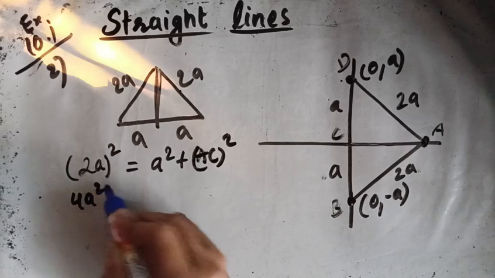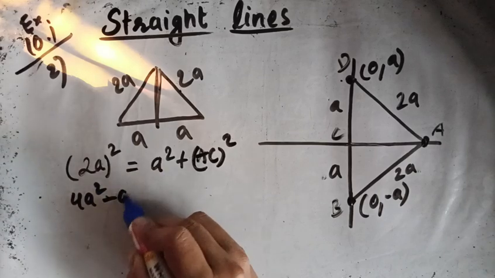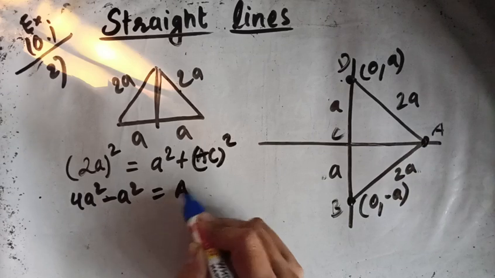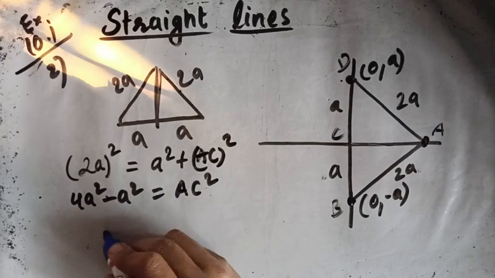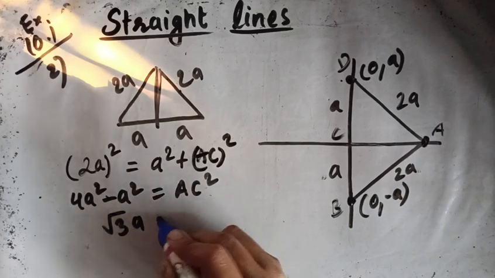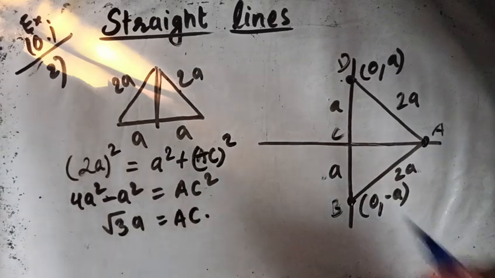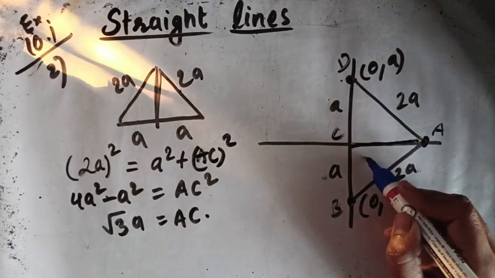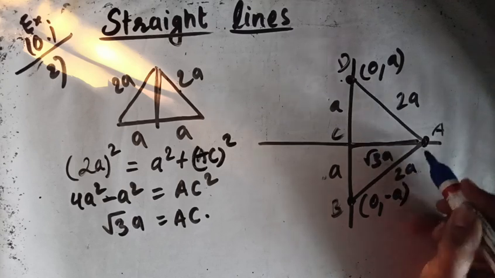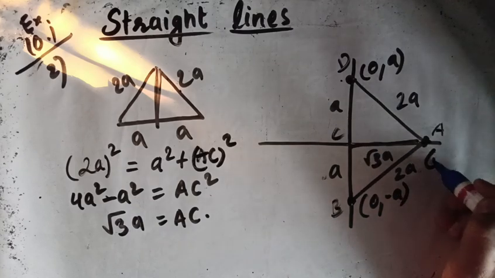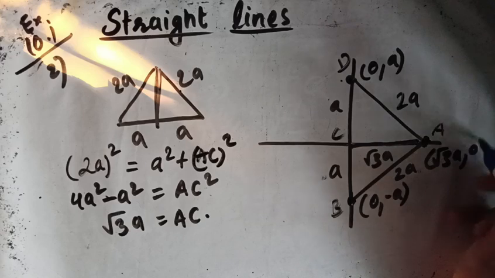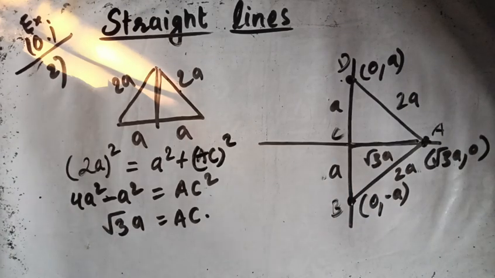So this is 4a square, and this comes here. So root 3 a is your AC. So this point is root 3 a, 0. Okay.